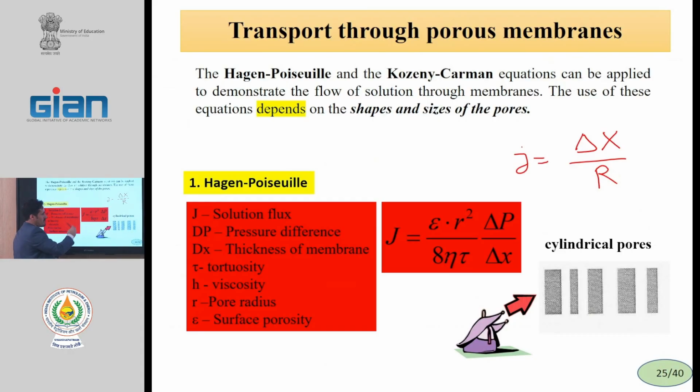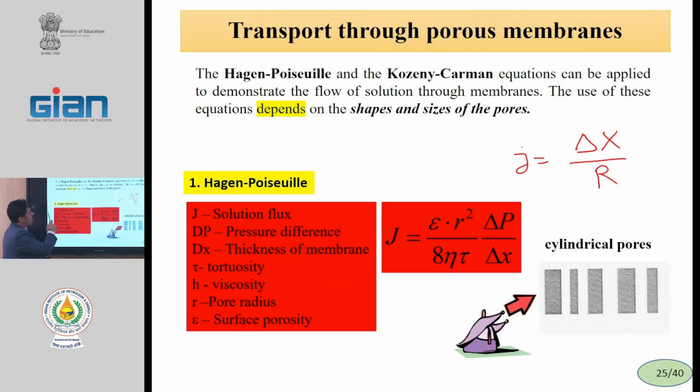The pore size with the square shows that the pore size is very important compared to the others. With increasing pore size, flux increases, and epsilon is the porosity, surface porosity. With increasing porosity, the flux increases. We have a constant here that is called tortuosity.